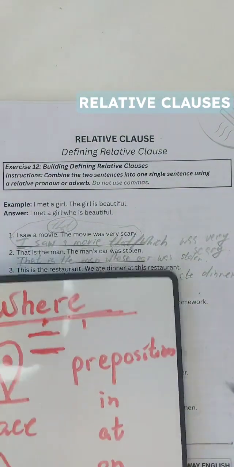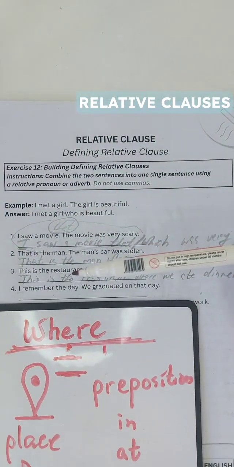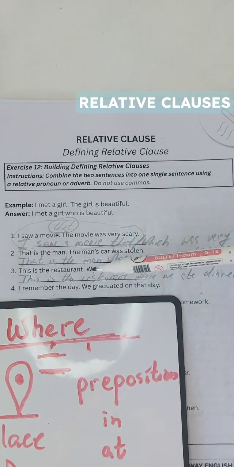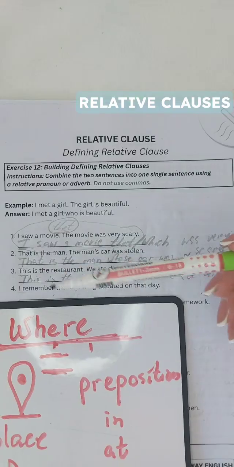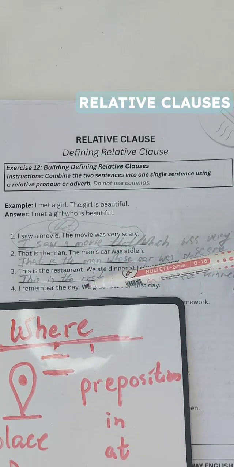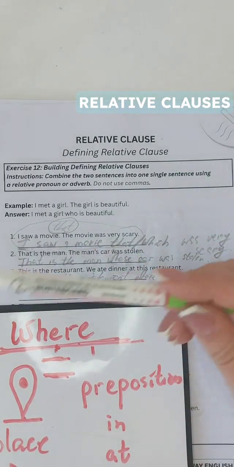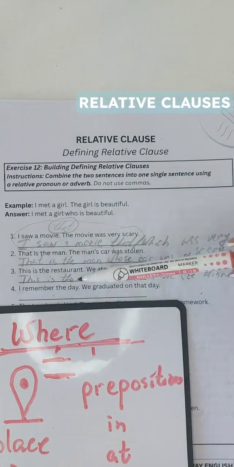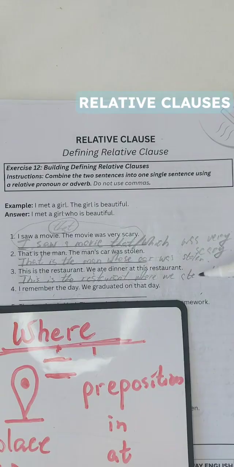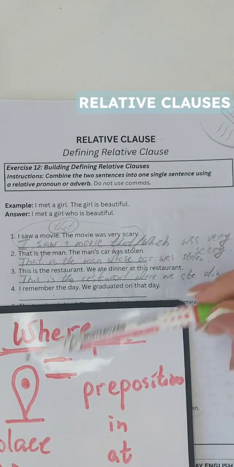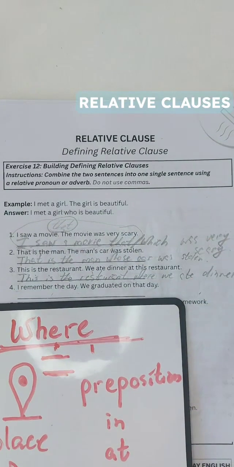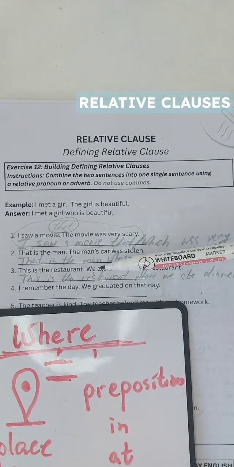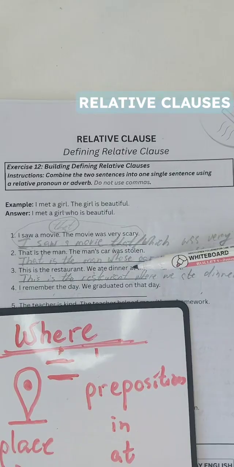So if I wanted to use that instead of where here, then I need a preposition. So when we use where, we skip preposition, right? This is the restaurant where we ate dinner. If I use that, then I need preposition. This is a restaurant that we ate dinner at.